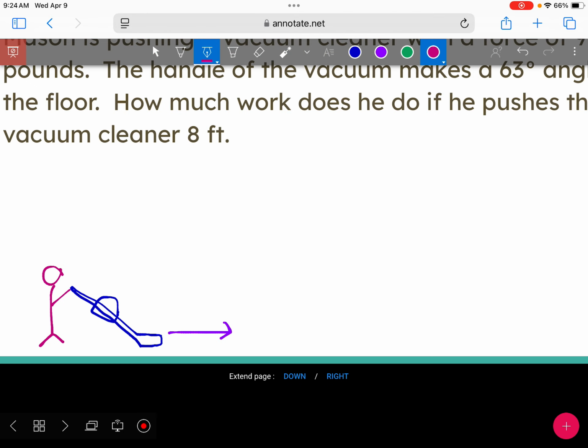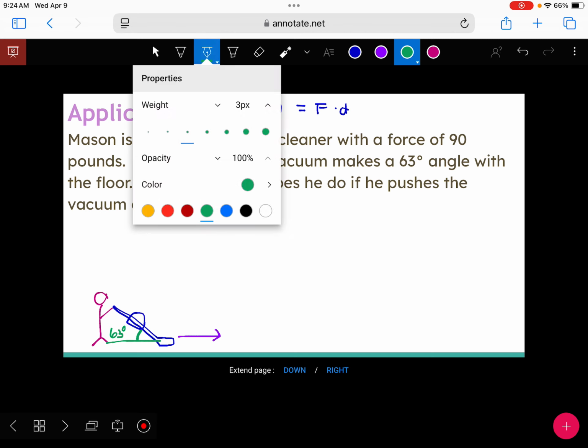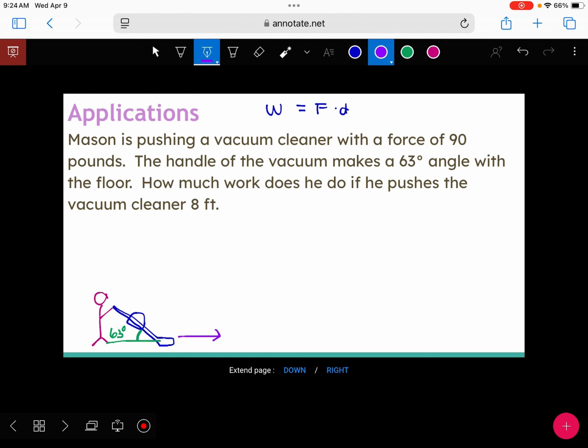And the vacuum makes an angle of 63 degrees. The force he is pushing it is what we're looking at. So he's pushing at 90 pounds at this angle.